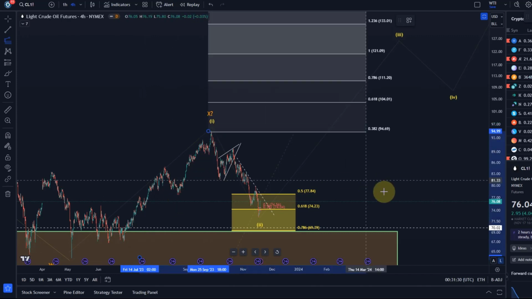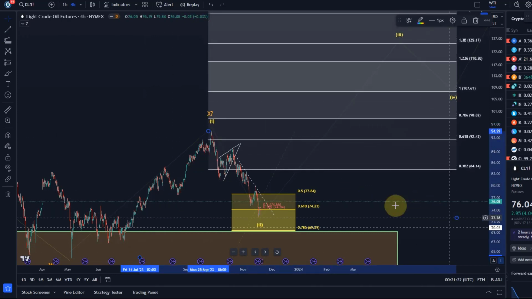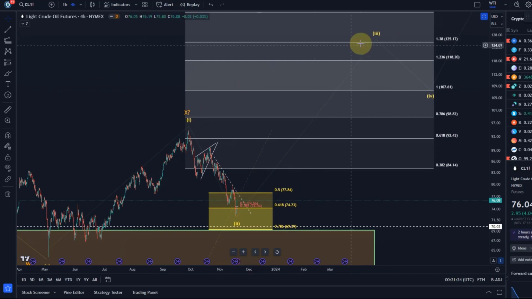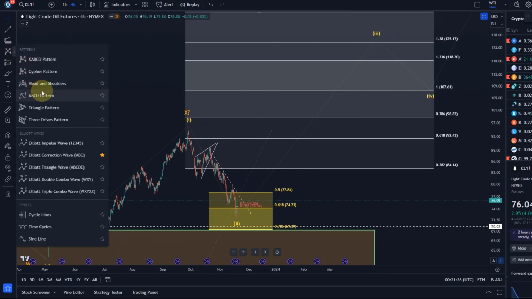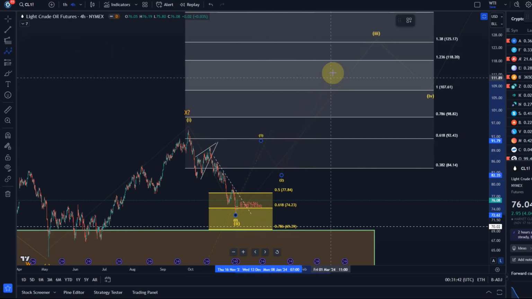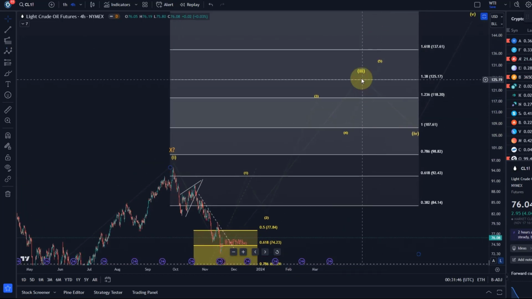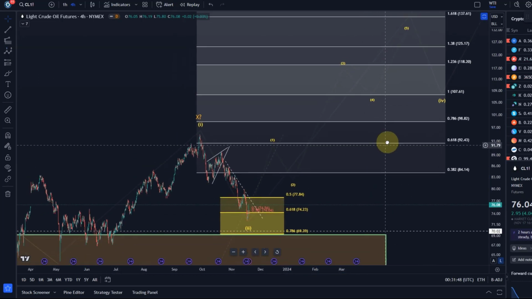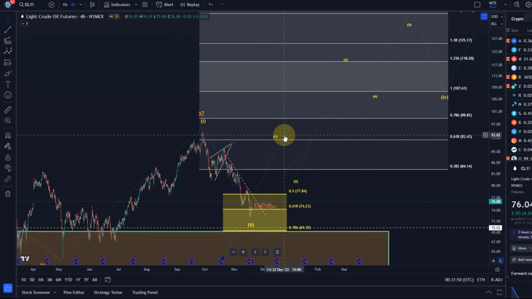Now we take the length of wave 1 and go to the low of wave 2. The wave 3 should unfold as a 5-wave move, so we should get a wave 1, a wave 2, a wave 3, a wave 4, a wave 5. What we would typically like to see is that wave 1 reaches either the 38.2 extension level or the 61.8.